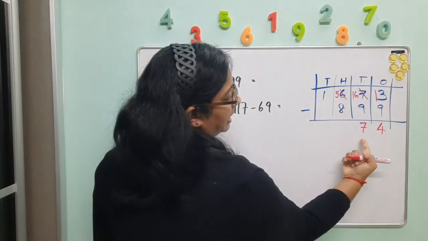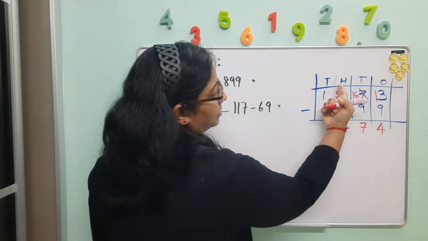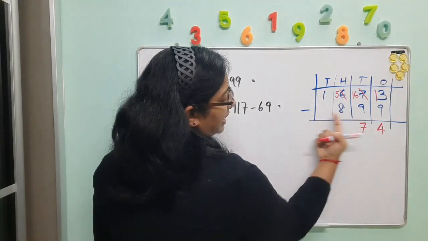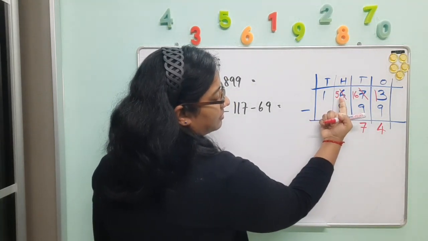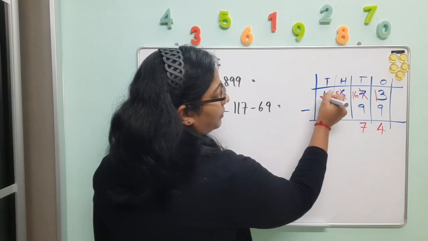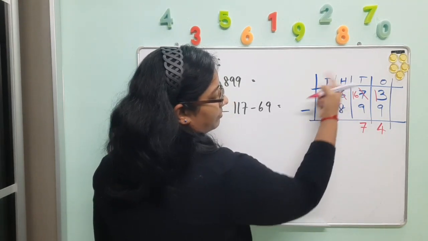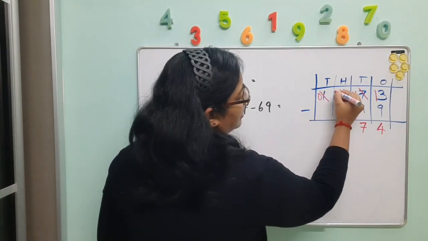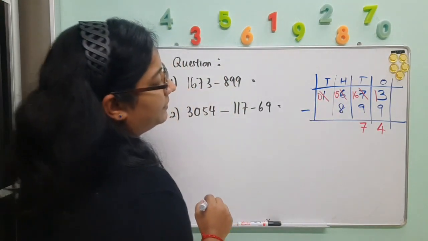We are done with the 10 place value and move on to the 100 place value. So 5 minus 8, 5 is smaller than 8, therefore we're going to borrow from the next place value. This becomes 0 and this becomes 15.